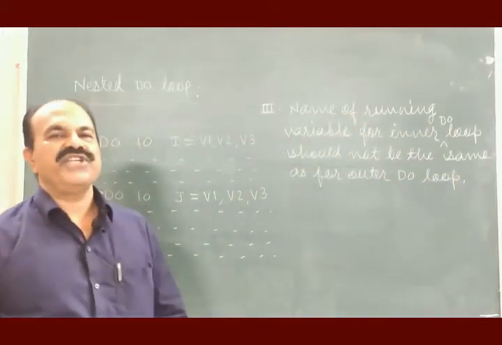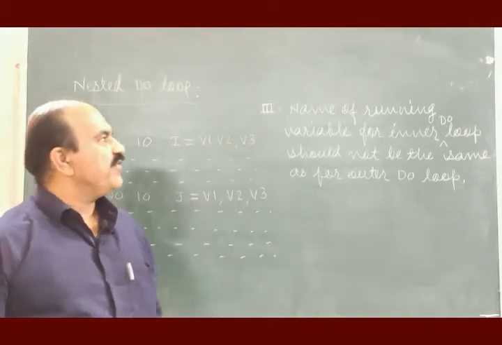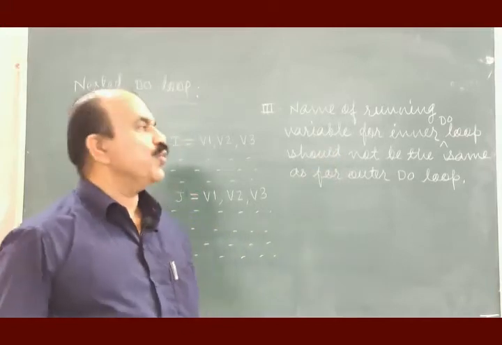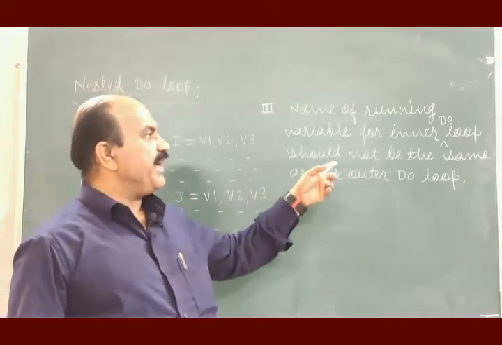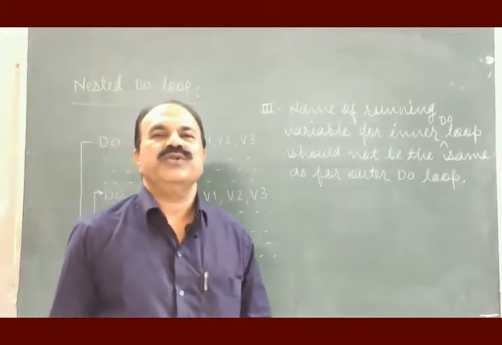Third rule for nested do loops. The name of the running variable for the inner do loop should not be the same as for the outer do loop.